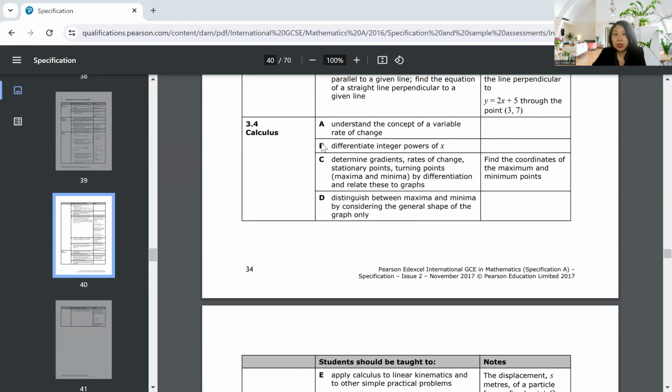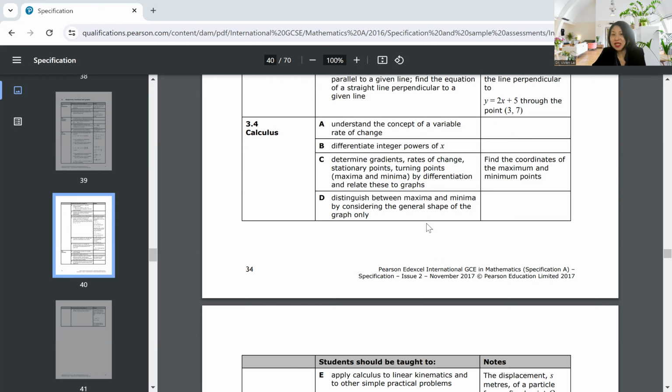You see, this is the calculus needed for the higher tier. Just follow it. What you need: understand the concept of variable rate of change. I will follow it to teach you. Derivative of integer power of x, you learned in the first lesson. Determine gradient, rate of change, stationary point, turning point. That means the maxima and the minima. I will tell you later. By differentiation and relate these to graphs.